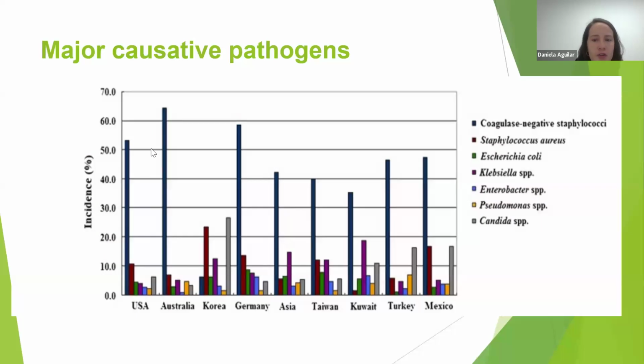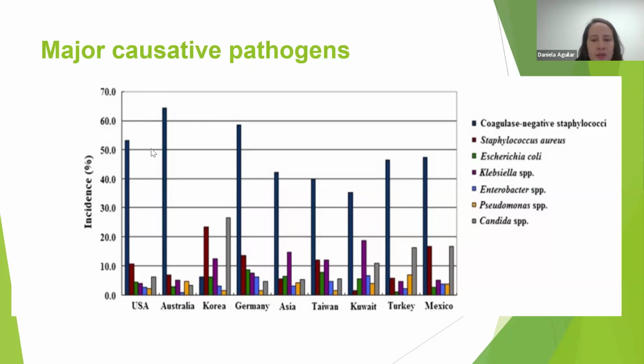This figure shows the most common pathogens associated with late onset sepsis. Coagulase negative staphylococci have emerged as the predominant pathogens of late onset sepsis, accounting for 53 to 78% of late onset sepsis in industrialized countries and 35 to 47% in some developing regions.